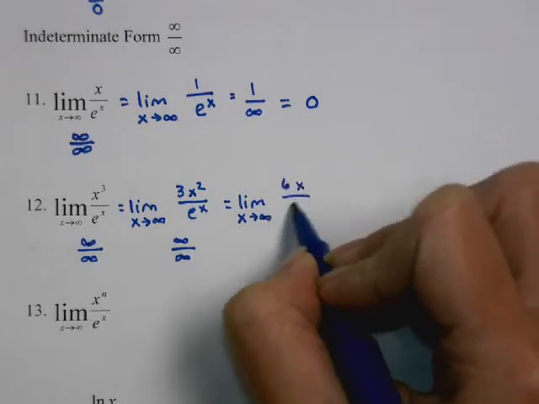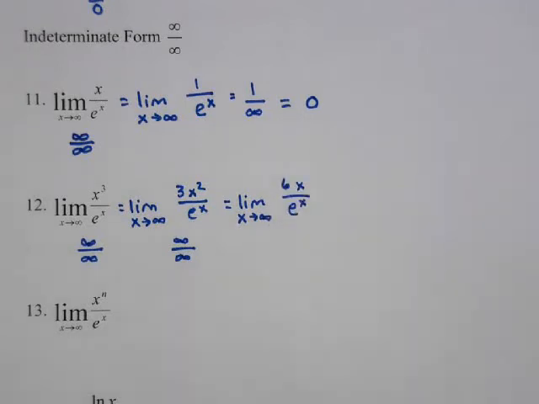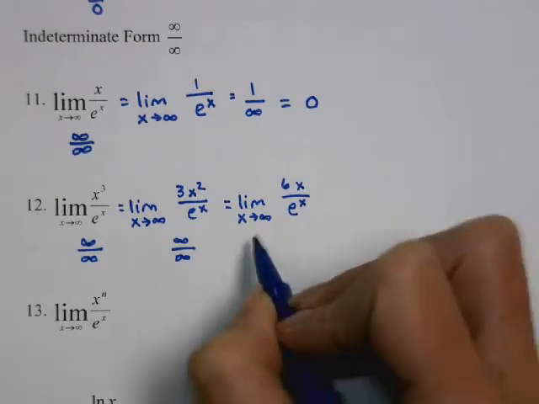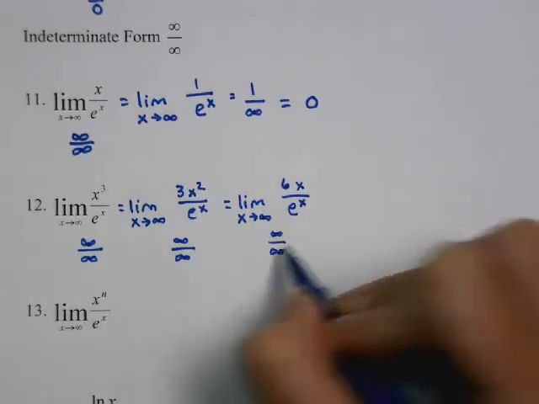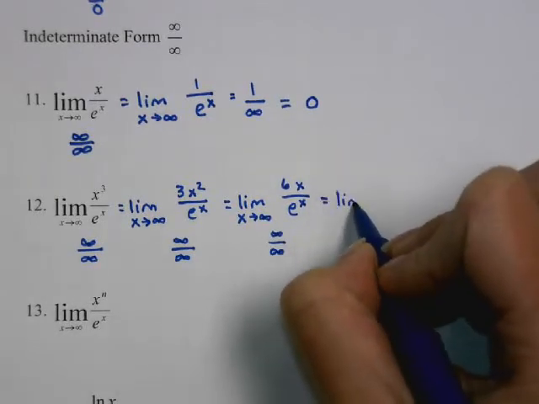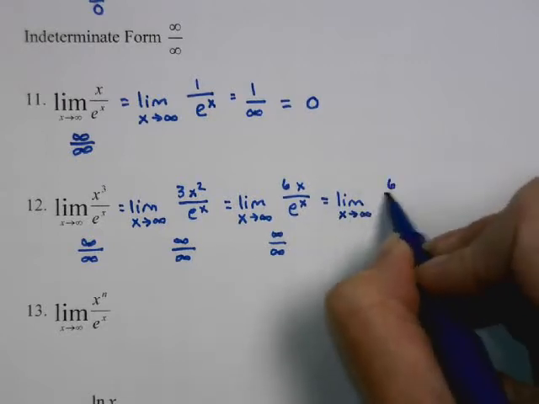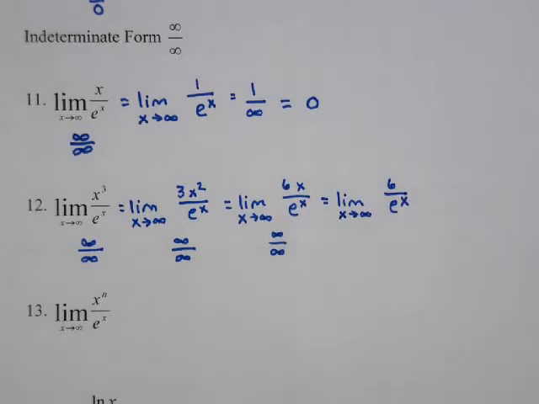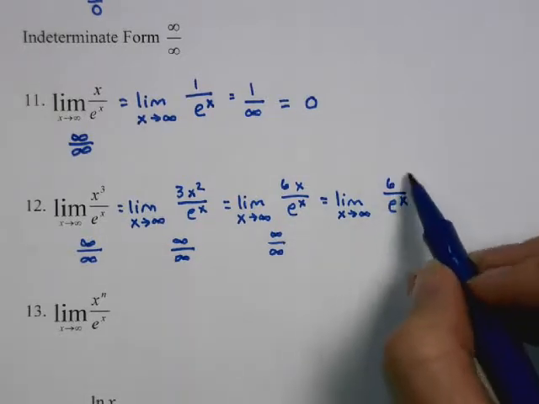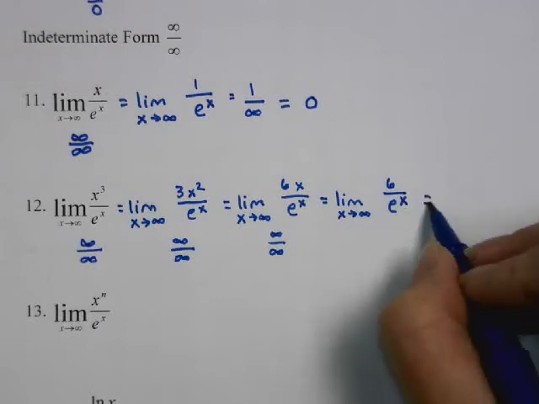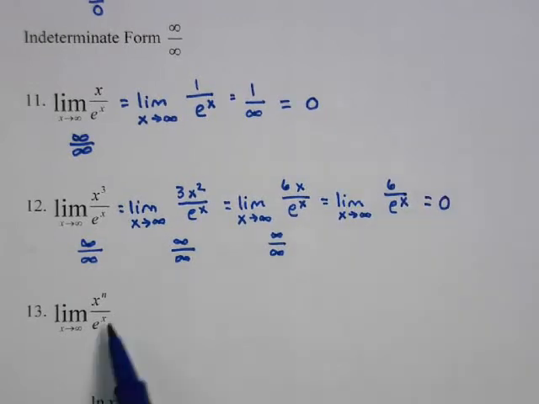We'll have 6x over e to the x, which is still infinity over infinity. So we're going to have to do this one more time. So we have 6 over e to the x. Now we can evaluate the limit. So this is going to be 6 over infinity, which again is going to go to 0.